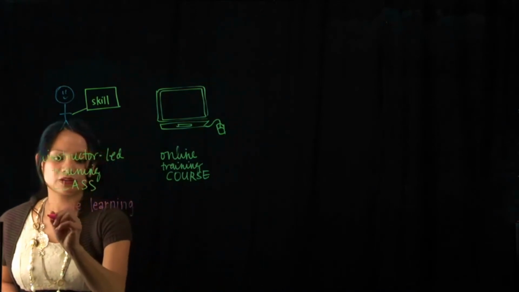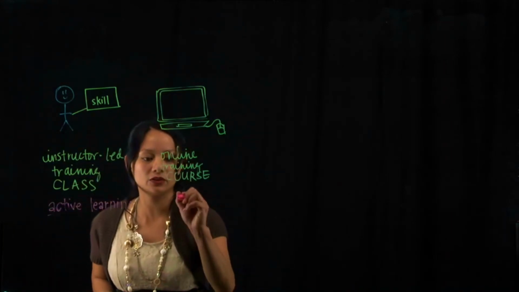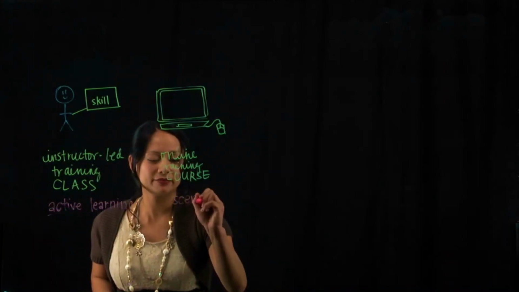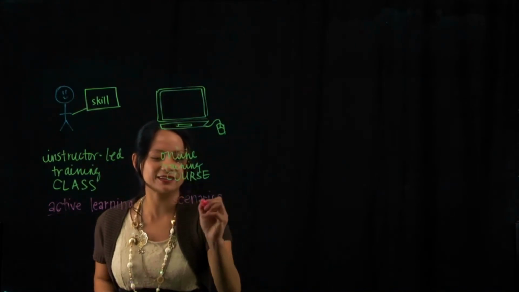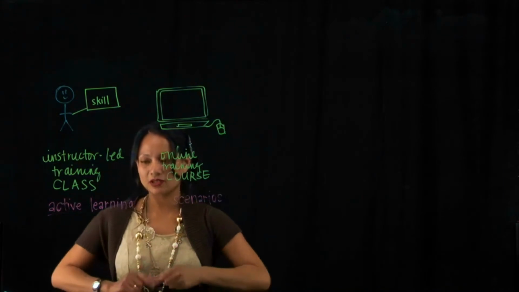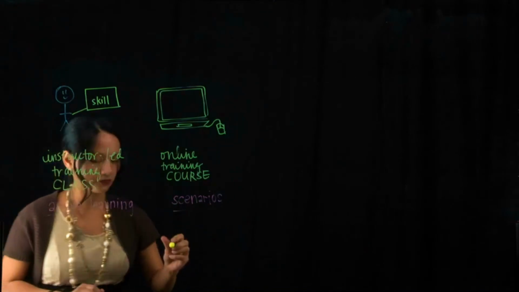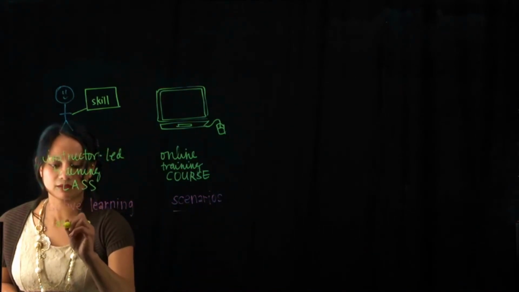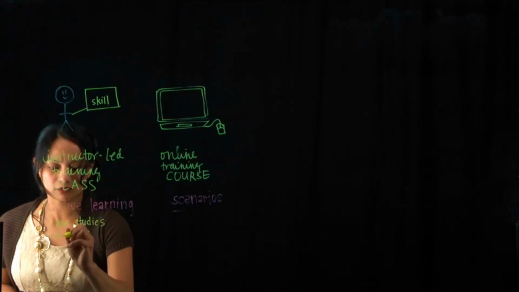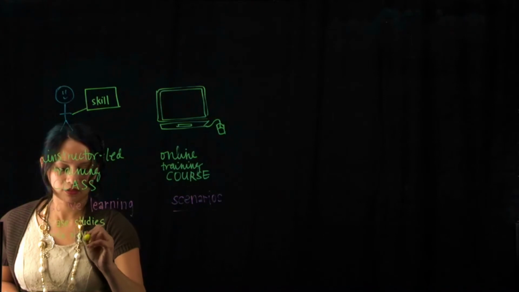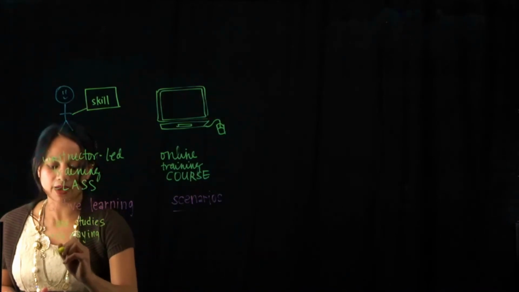If it's an online course, what you can do is make sure that you provide, as much as possible, scenarios for your content. So, active learning. Those techniques include anything from case studies to role-playing, perhaps a debate or a mind map.